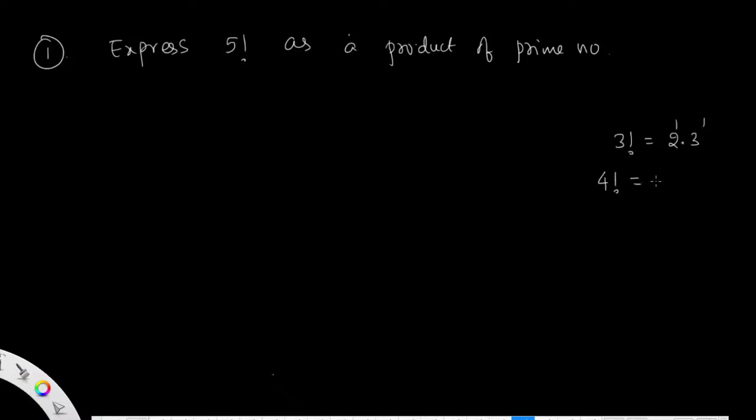Next 4 factorial is there, then 24, we can write 24 as 2 cube into 3 power 1. So let it be as a prime factorization.